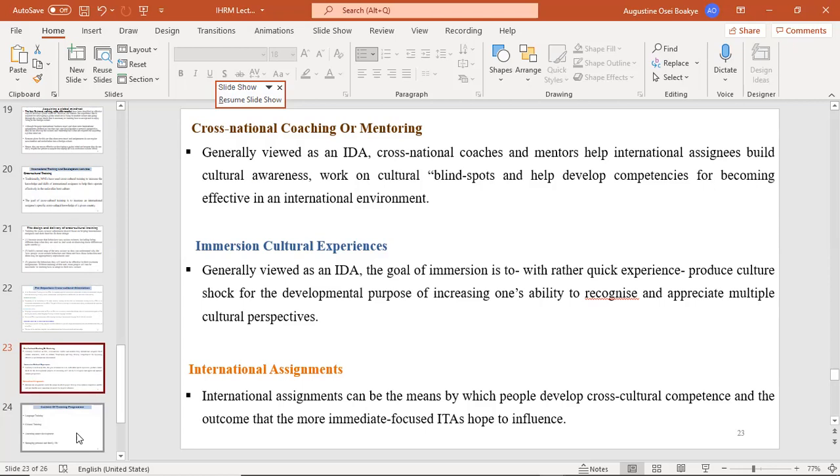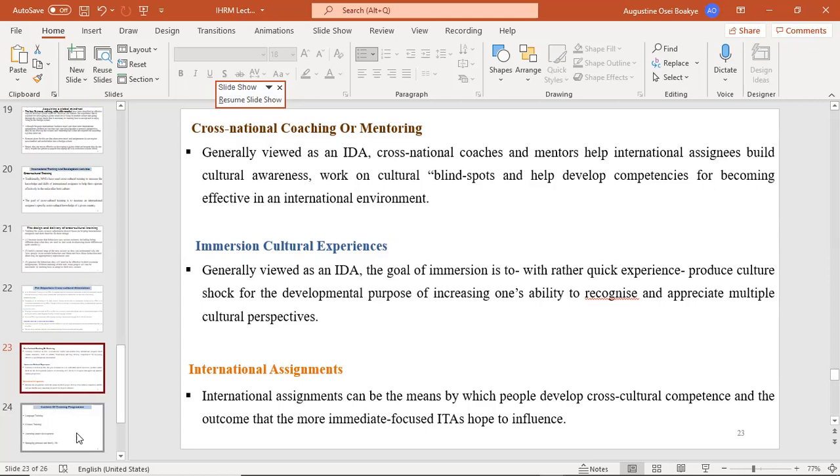And by immersion, it could be that they will be given an opportunity to go and stay there for about a month or two, just to familiarize themselves with the culture over there, so that by the time it is right for them to embark on the international assignments, that cultural environment will not be new to them.